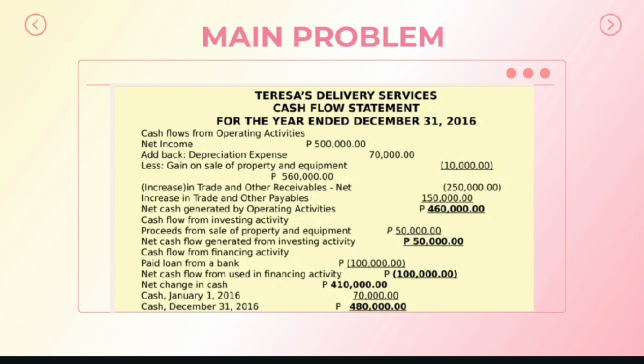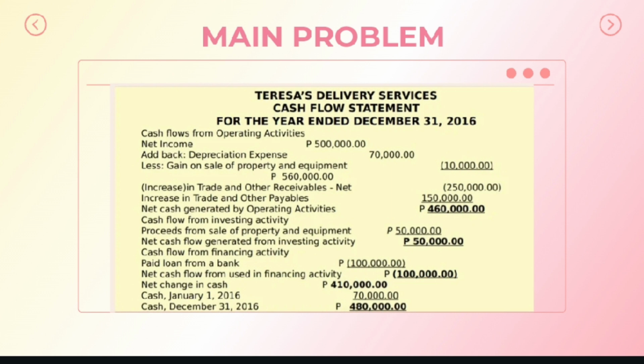So the net change in cash for the period is 410,000, resulting in a cash balance of 480,000 on December 31st, 2016 compared to 70,000 on January 1st, 2016.